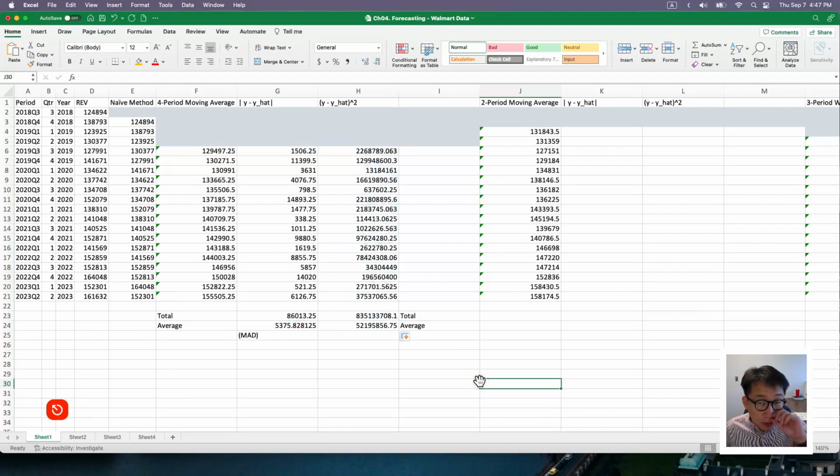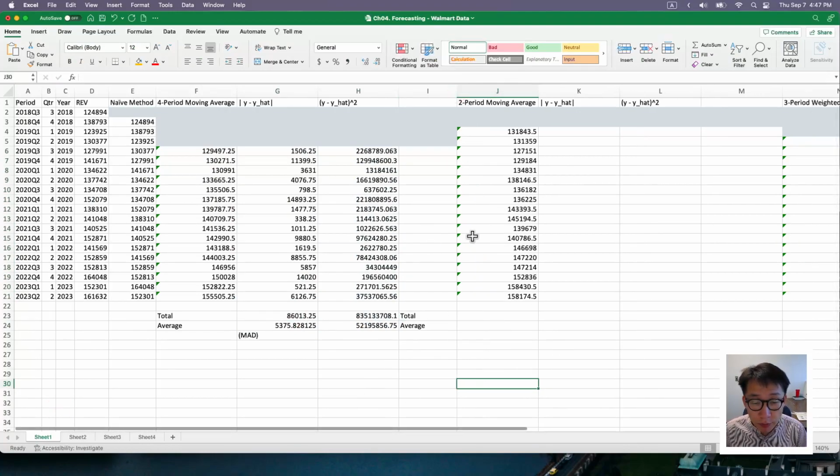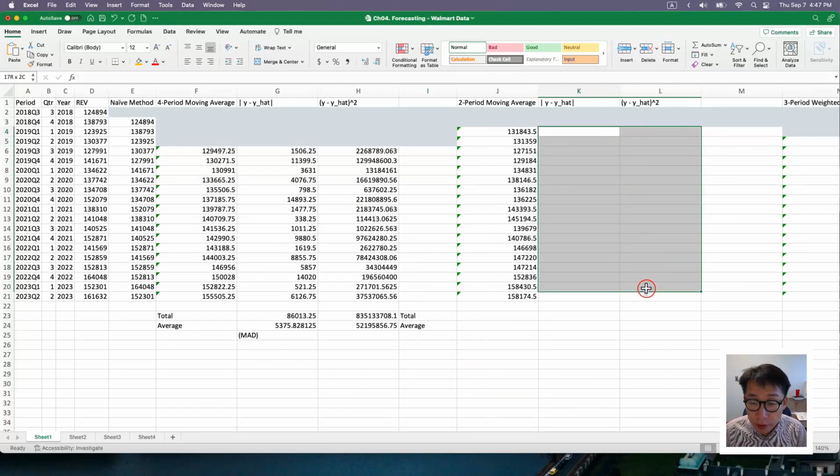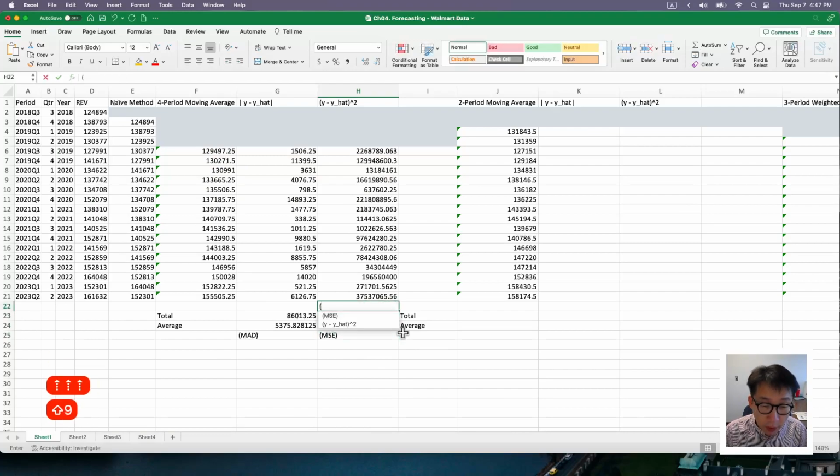Exactly the same approach will be taken for these two columns as well. Before I move on, what's at the bottom is mean squared error, MSE. What's on top is the sum of squared errors. They are all error measures.